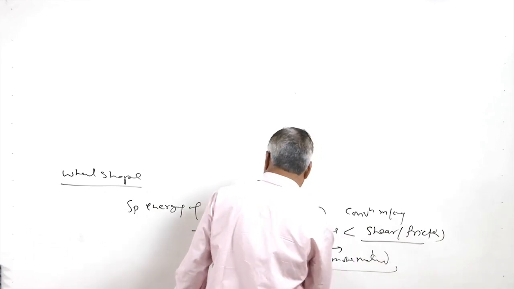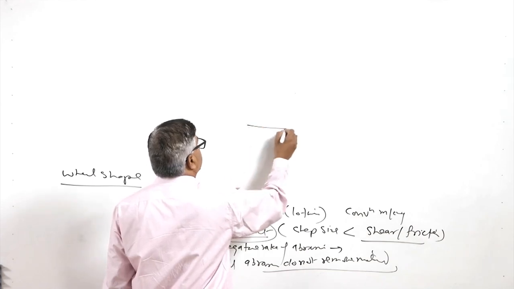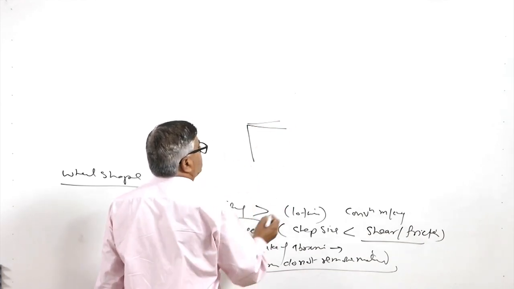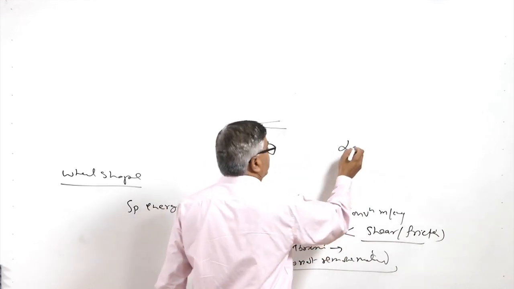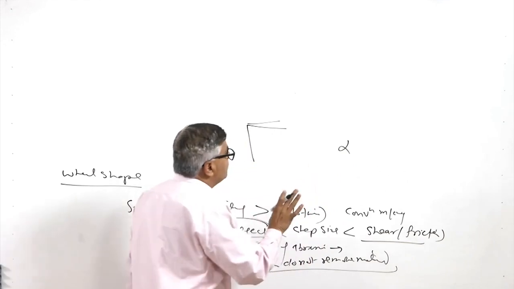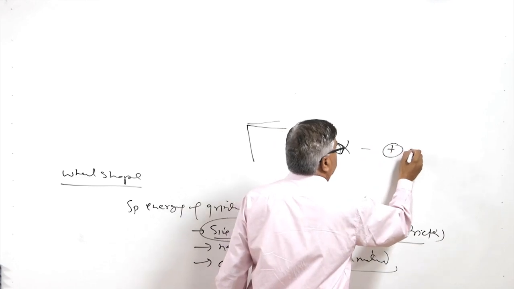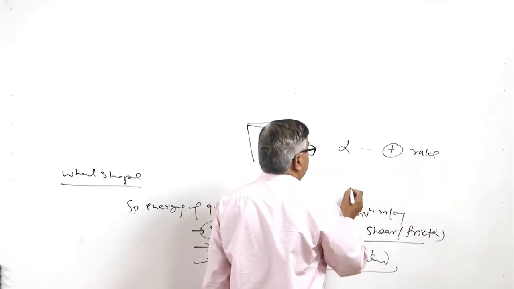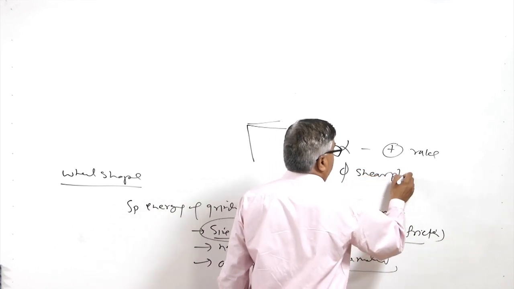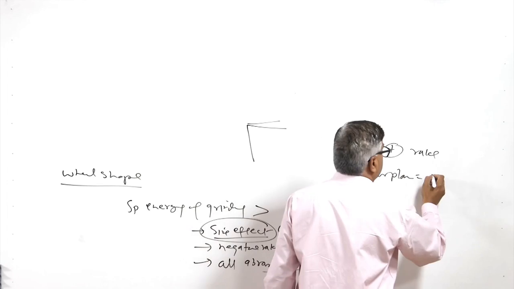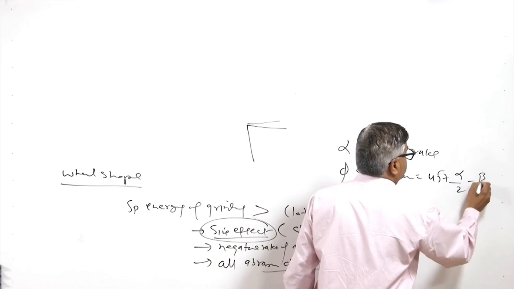Another effect is the negative rake. Conventional milling basically uses a positive rake, alpha, which helps in increasing the value of phi. As per the Merchant theory, the phi, that is the shear plane angle, when a positive rake is used, increases, as phi equals 45 plus alpha by 2 minus beta by 2.